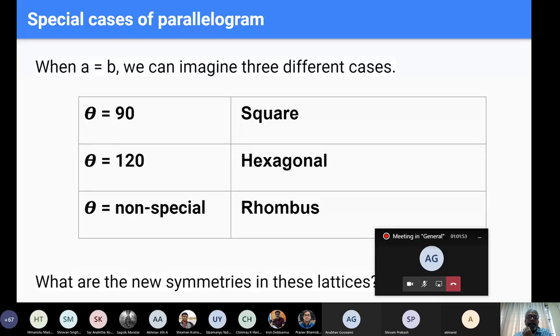By the way, what are the extra symmetry elements that a rhombus has as opposed to a generic, non-special parallelogram? Along the diagonals here. Right.